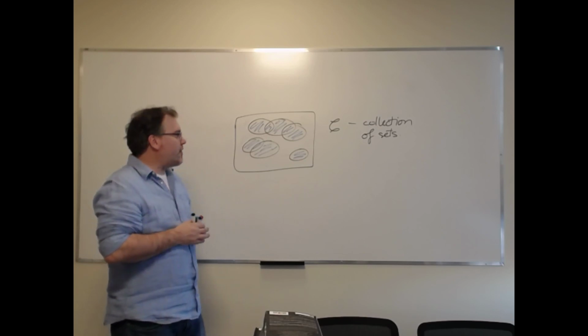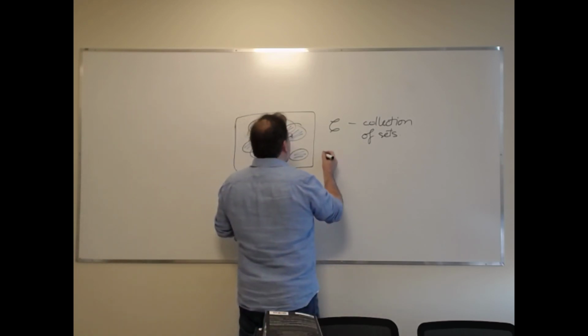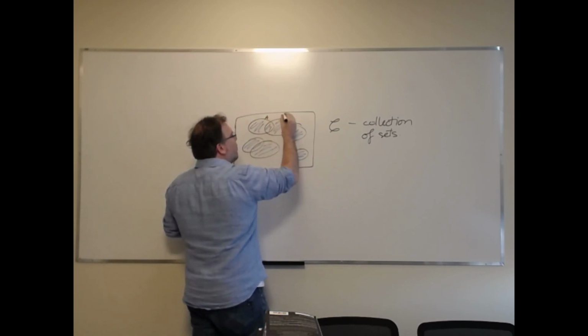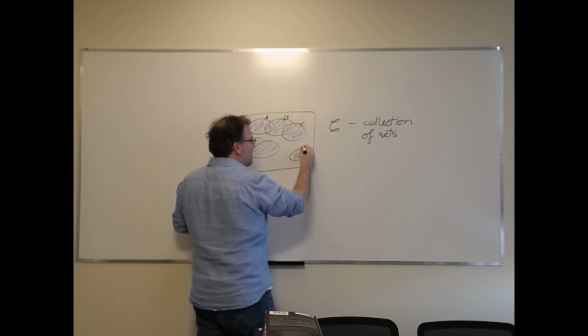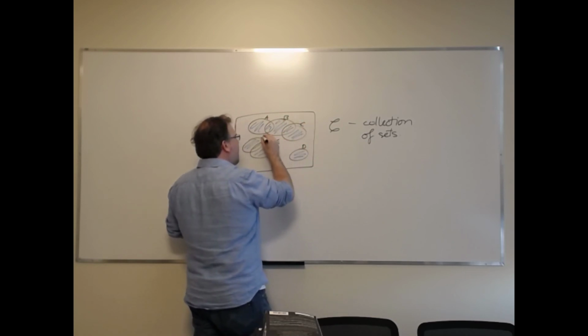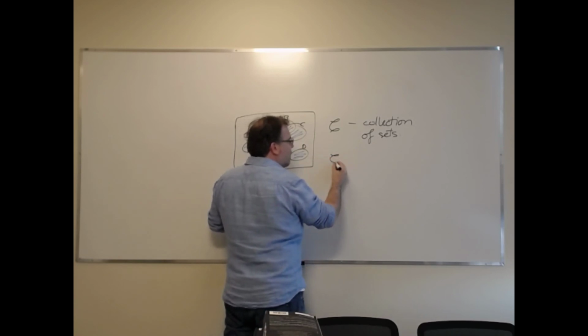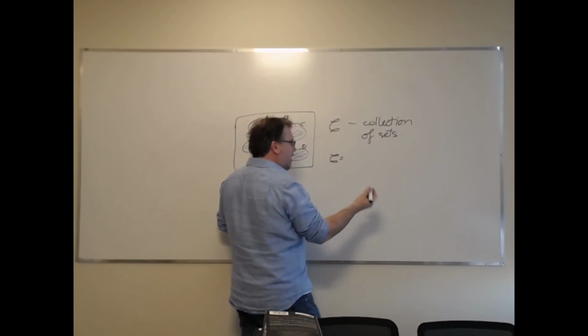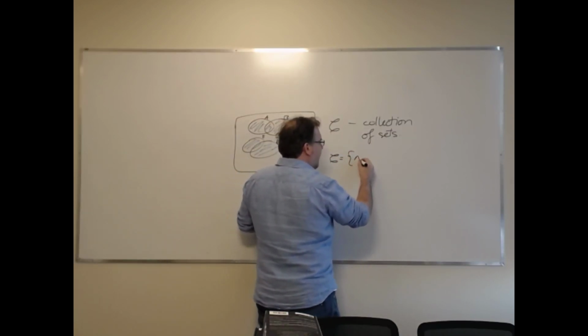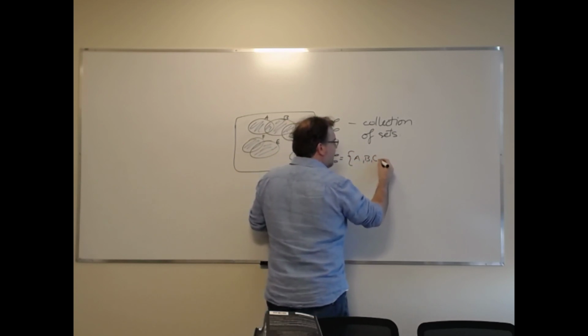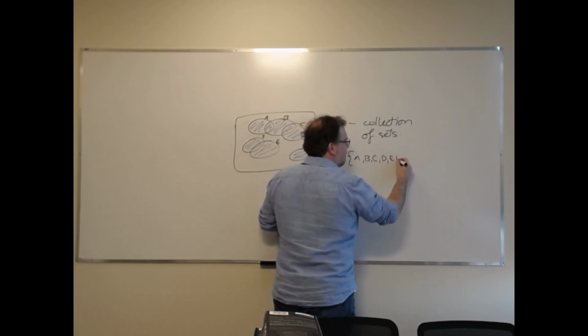That's a collection of sets. So suppose I give a name to those sets here, A, B, C, D, E, F. I could say that the collection of sets in question here contains A, B, C, D, E, F.